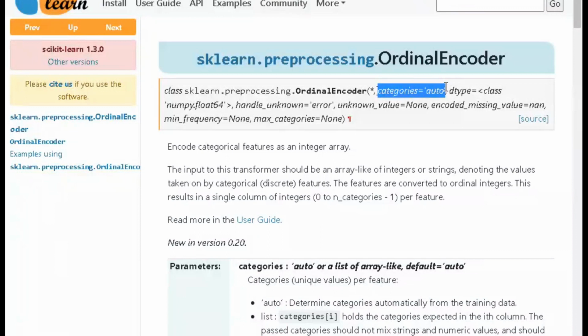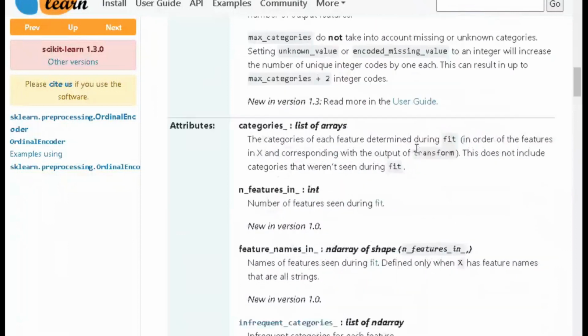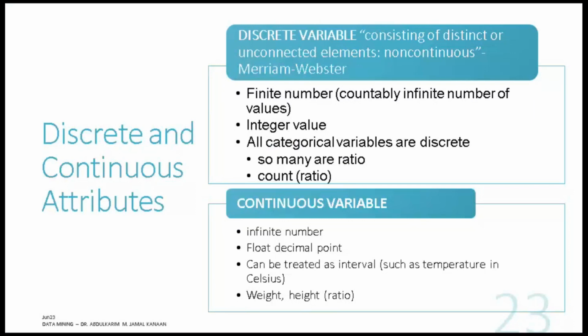Unless you know the specific ranking, then you need to specify it yourself. I think that's all for these data types: nominal, ordinal, interval, and ratio. Of course, for interval and ratio, you don't need to do mapping because they are already a numeric scale.